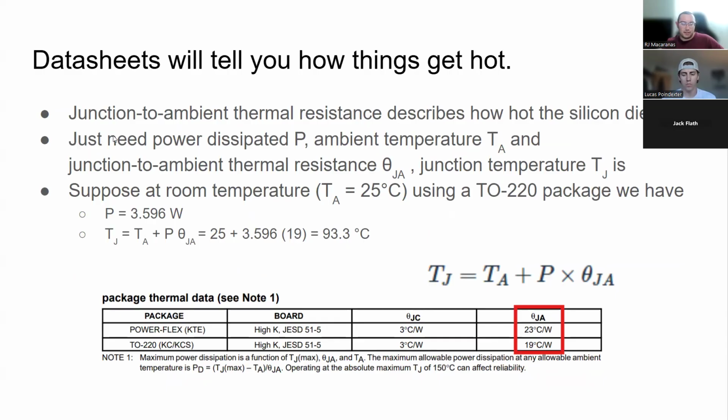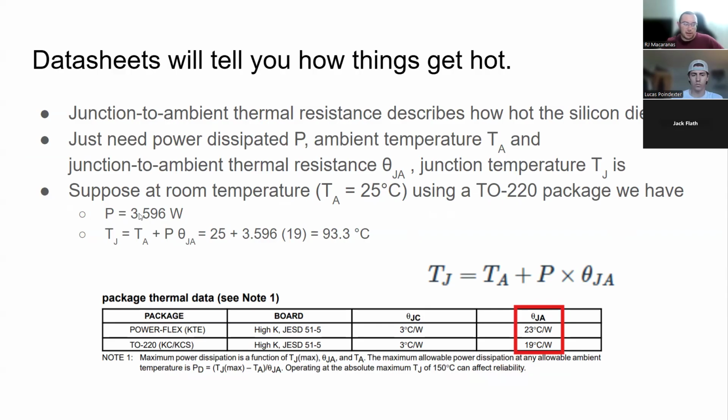They often have a specification for what's called the junction to ambient thermal resistance. This tells you how hot the silicon die will get based on the power being dissipated and the ambient temperature. The ambient temperature is just whatever kind of environment you're designing for. As an example, maybe we're designing for room temperature, about 25 degrees Celsius.